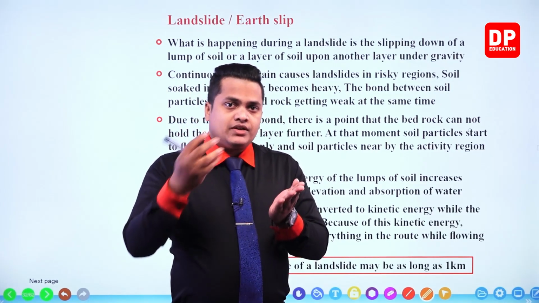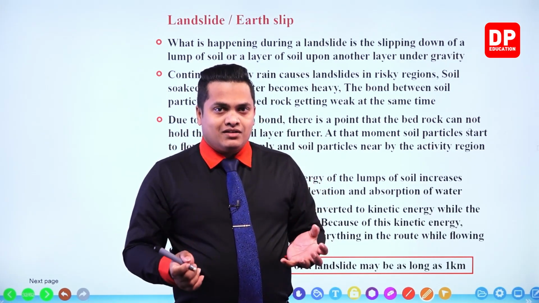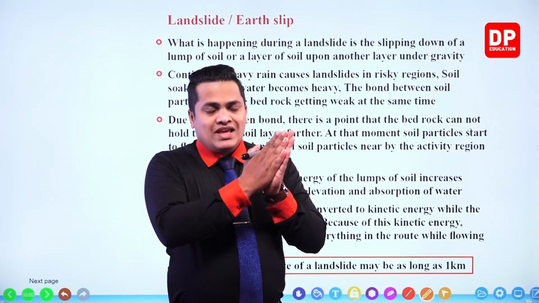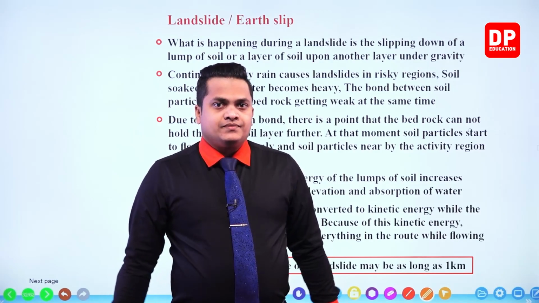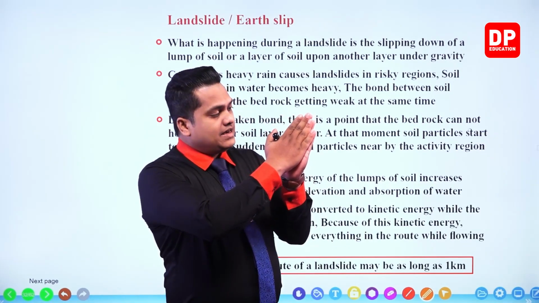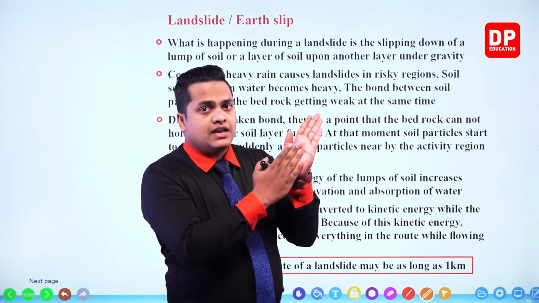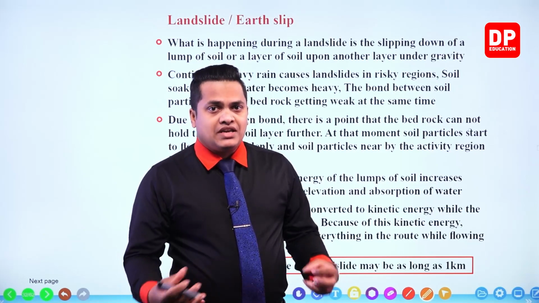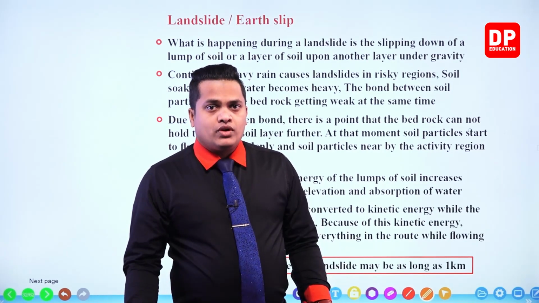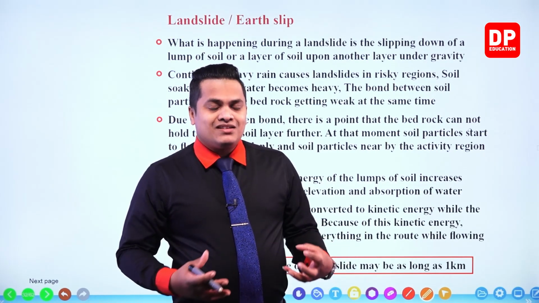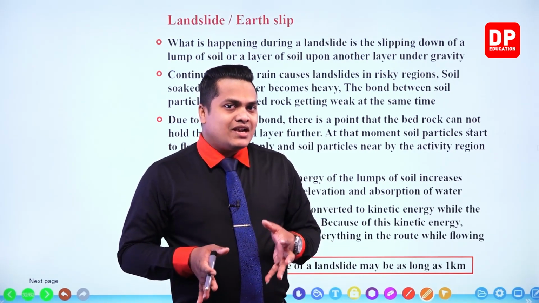So when water soaks inside a particular layer, the bond between two layers is going to reduce. And if this is a sloping area like this, then the second layer will definitely come down with the muddy water and the soaked water, right? So this particular condition is what is referred to as a landslide.